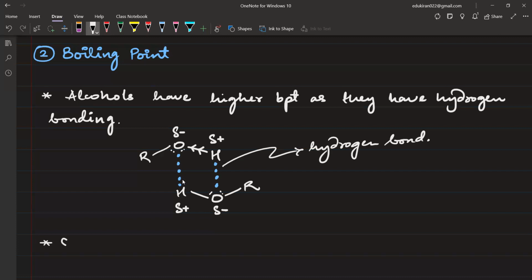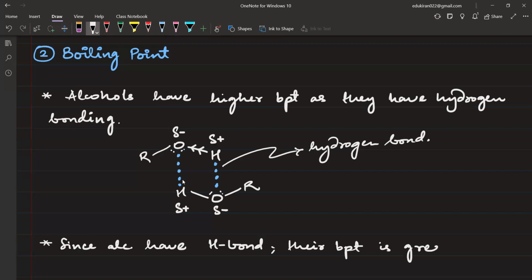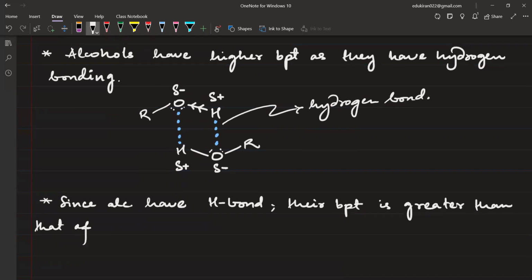You'll write next. Since alcohols have hydrogen bond, their boiling point is greater than that of non-polar and polar molecules. Non-polar, what can they be?